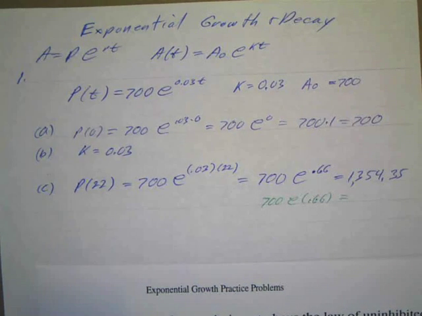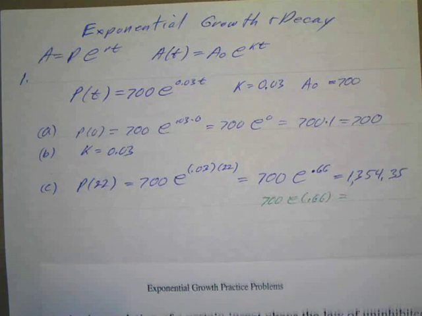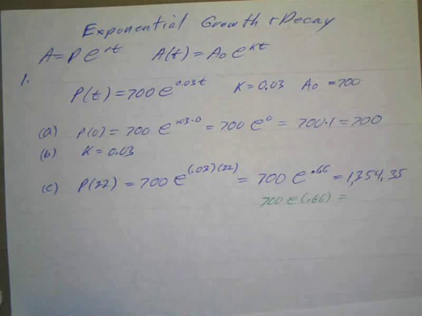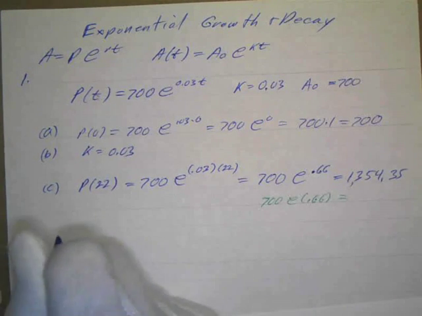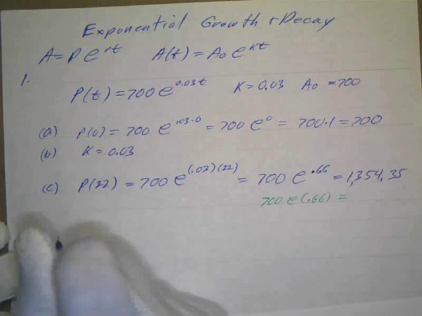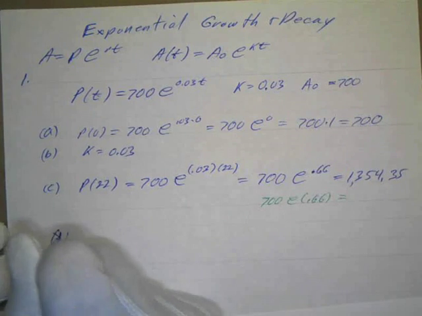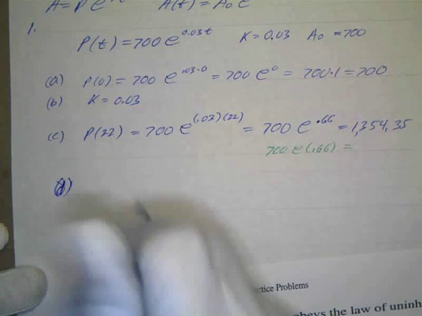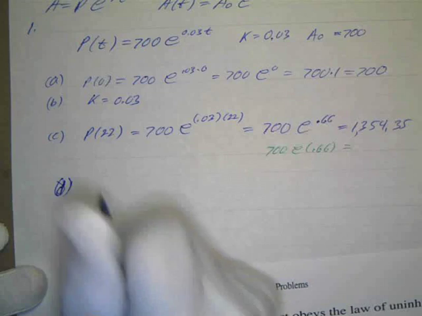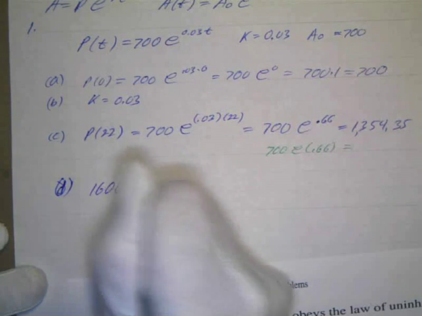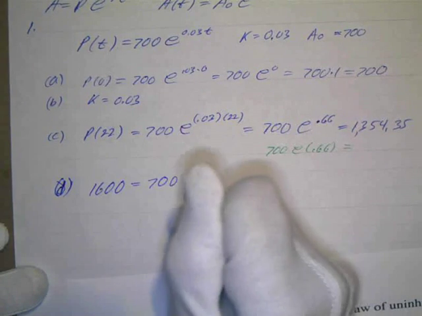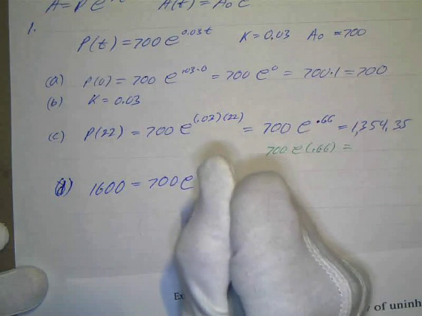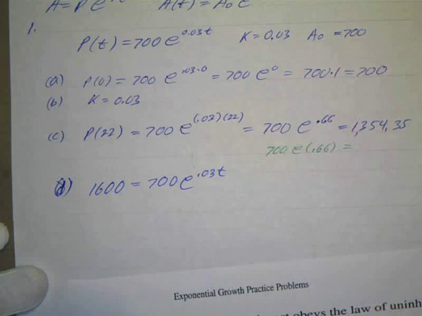All right? And then letter D. When will the insect population reach 1600? So we want our population to be 1600, so letter D. So 1600 will equal 700 e to the 0.03t.